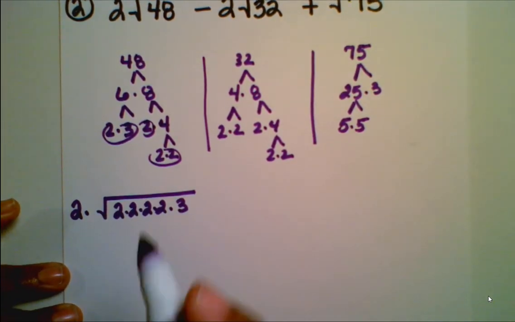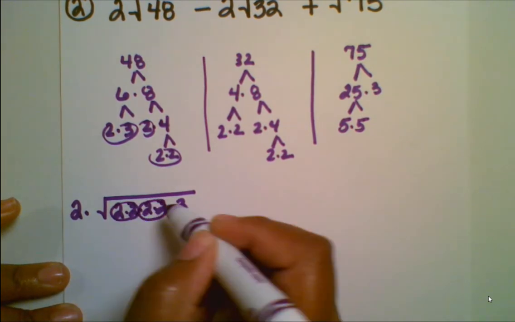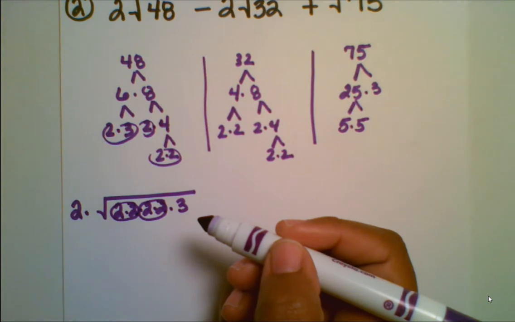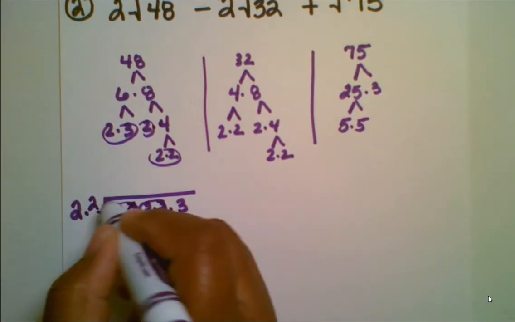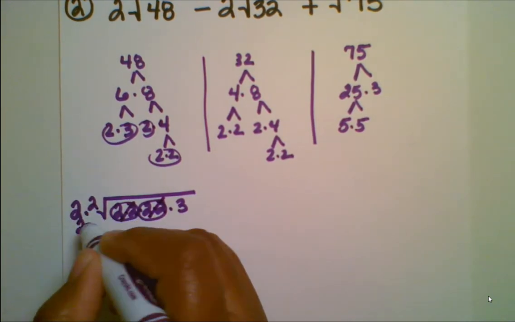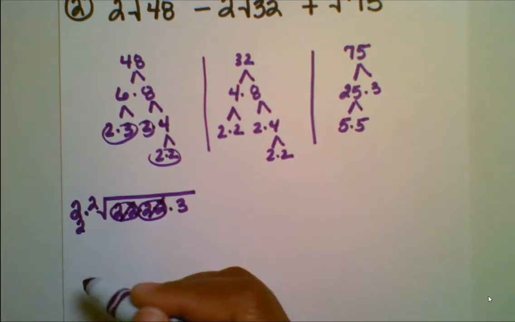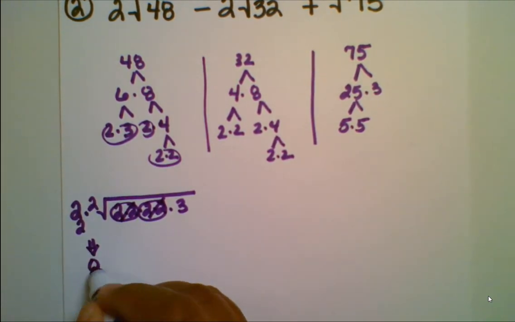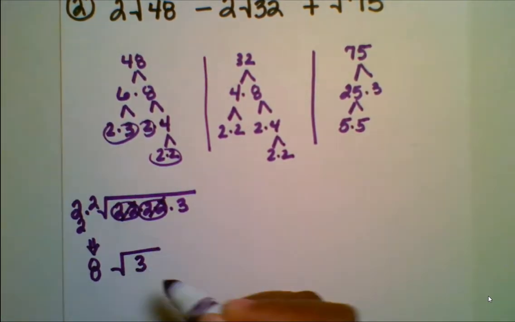Because the index is 2, we're going to look for pairs. So we're going to bring 2 2's out, multiply it to the 2 that's already there. That gives us 8. What's left under the radical sign, square root of 3.